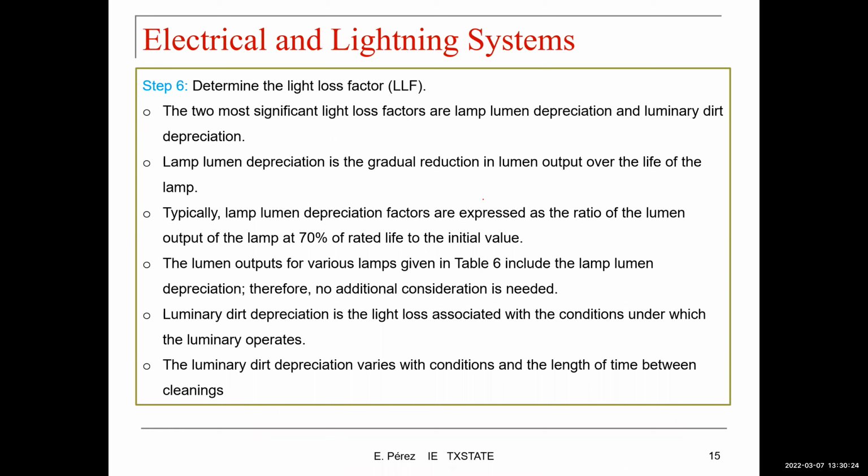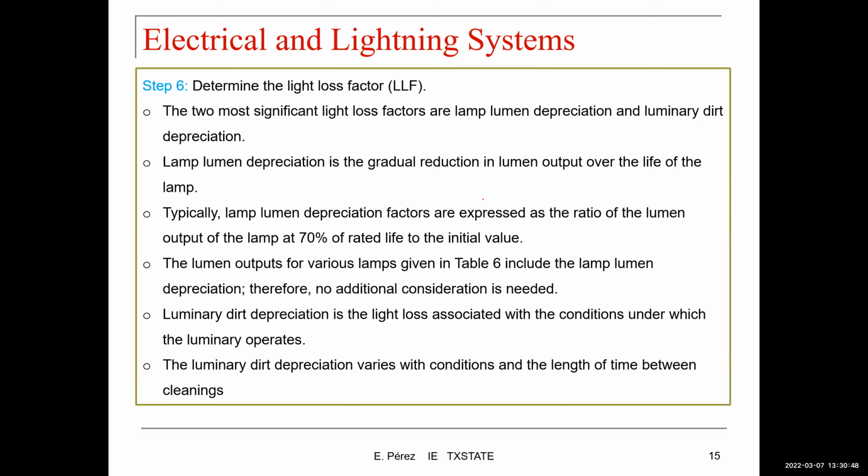Step 6, determine the light loss factor. The two most significant light loss factors are lamp lumen depreciation and luminary dirt depreciation. So if the lamps are going to be depreciating after a certain amount of time, and if they're going to be dirty, or there's a possibility of them becoming dirty, then we have to take that into account.